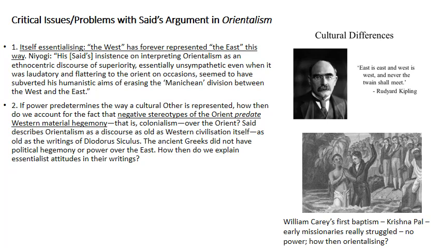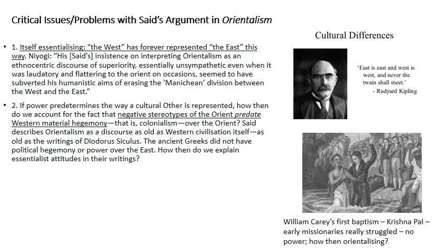So how do you explain it? If it's essentially power predetermining the kind of knowledge you produce, if power accounts for negative stereotyping, how do you explain negative stereotypes that existed before the West had any kind of hegemony, political or economic, over the East?